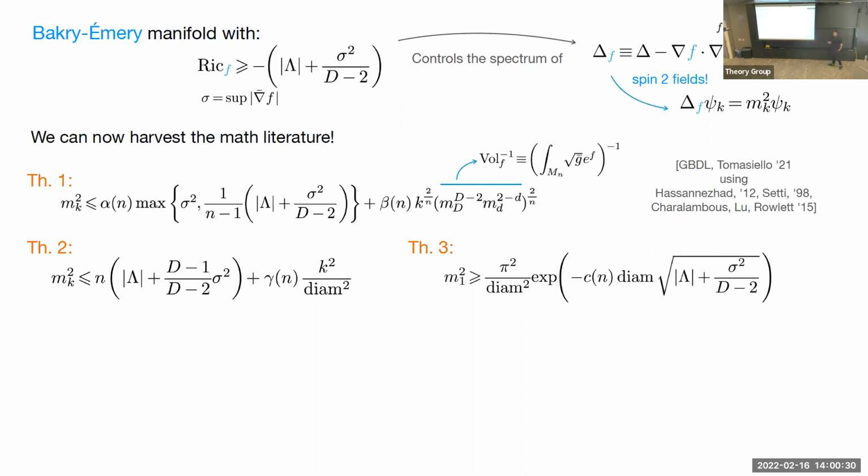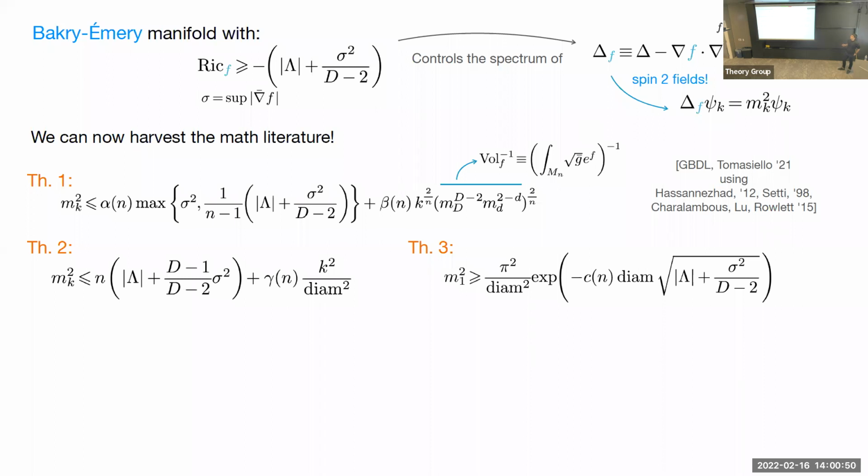And these are bounds on all the eigenvalues. For example, these two theorems, theorems 1 and 2, which for us translate into bounds on all the Kaluza-Klein masses of the spin-2 Kaluza-Klein fields.